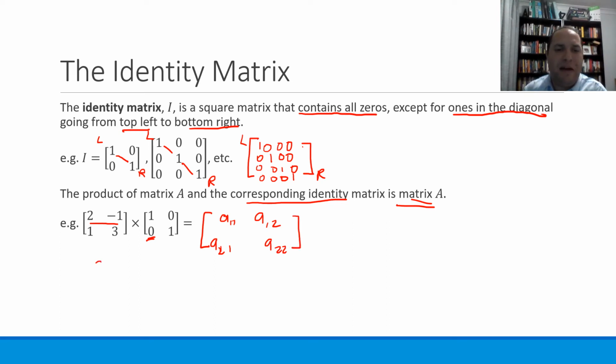So for A11, first row times first column, we have 2 times 1, which is 2, and negative 1 times 0, which is 0. Add them up and you get 2.